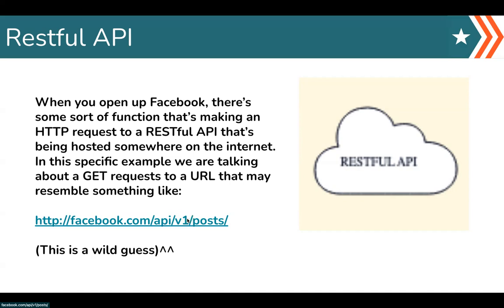Who knows what version they're currently on? And then the endpoint is usually a noun that's pluralized. In this case, what we want is the post, so we'll have post as the noun with an S for pluralization. All right, that request gets sent. All posts get pulled out of the database by a post.objects.all, where user ID or related ID is equal to this current user. It grabs all of the posts, and that gets returned to the front end.